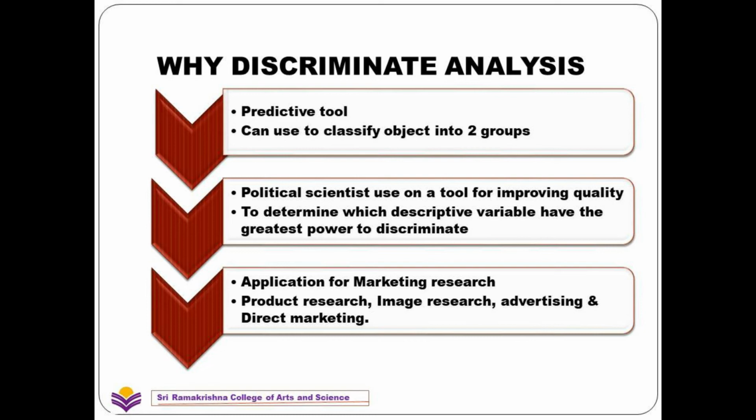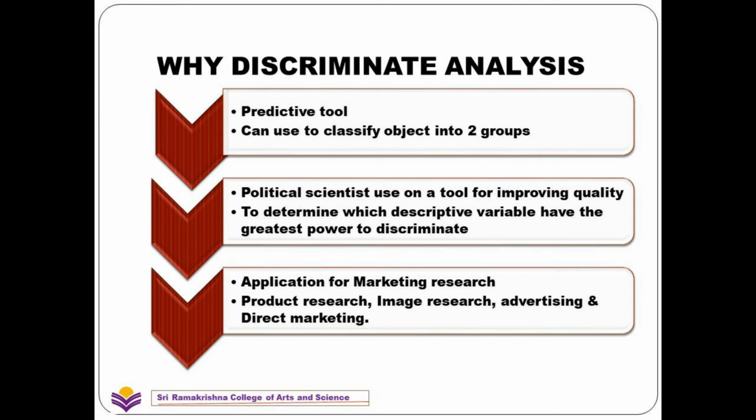So it determines which descriptive variable has the greatest power to discriminate. It is applicable even in marketing research. In product research, it helps to differentiate heavy users, medium users and light users of a particular product. In image research, to discriminate between customers' favorable perceptions of a particular brand.